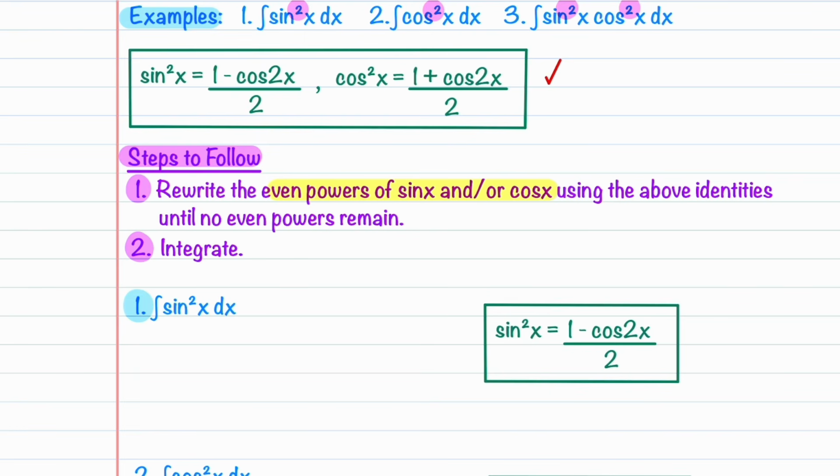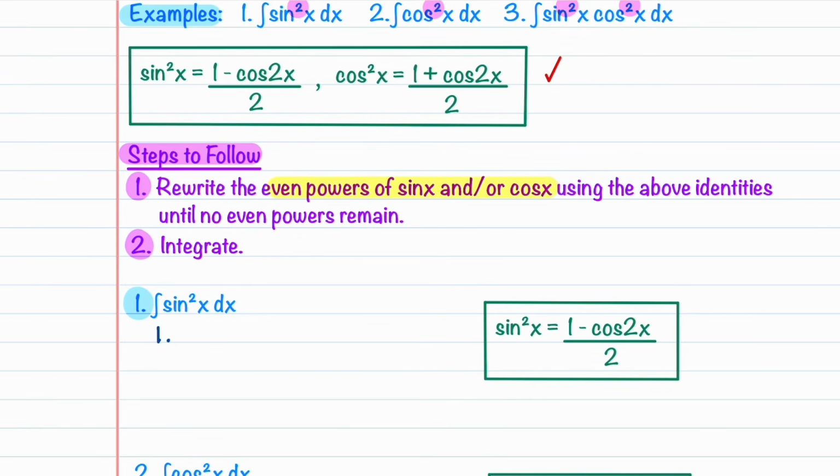It is the integral of sin² x dx. Following our first step, we are going to rewrite sin² x in terms of cosine 2x. I put that identity right over here on the right. Notice in this identity that there is a negative in front of the cosine 2x. Let's go ahead and plug that in.